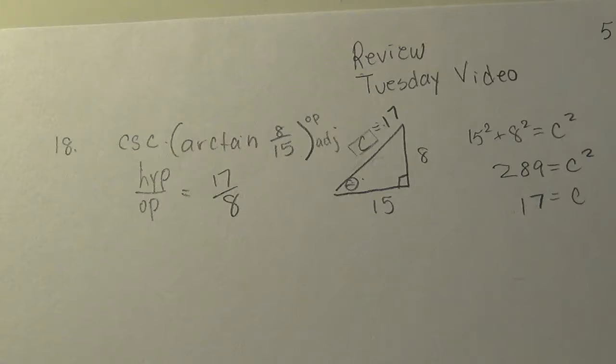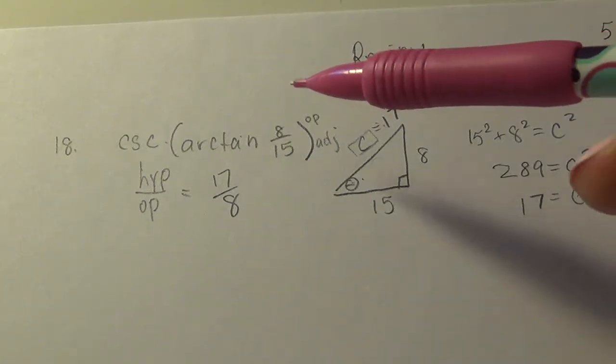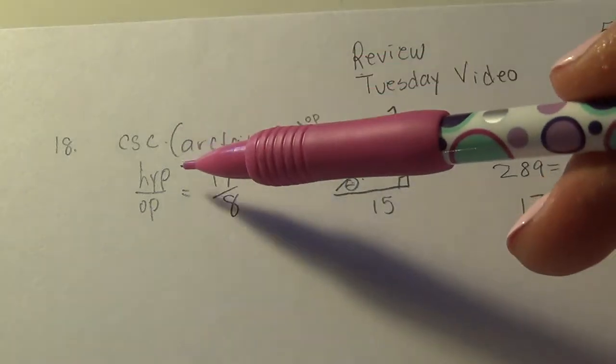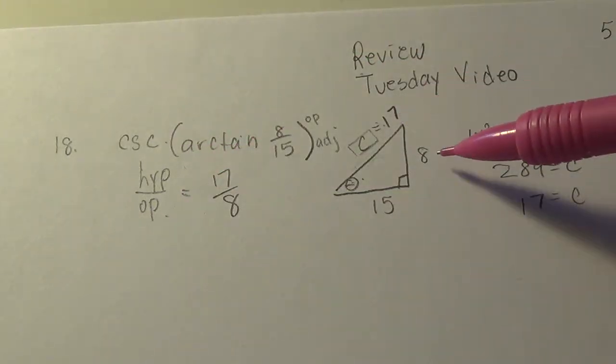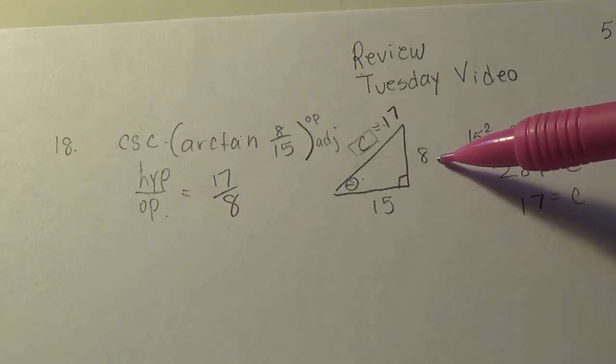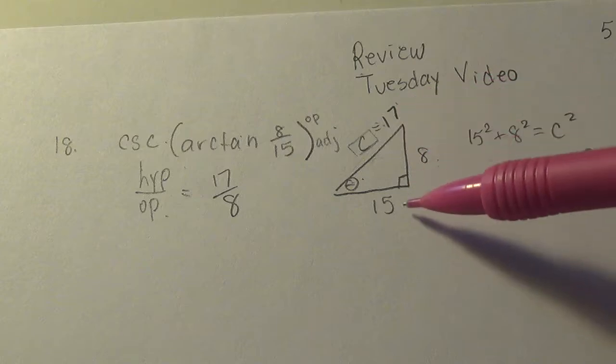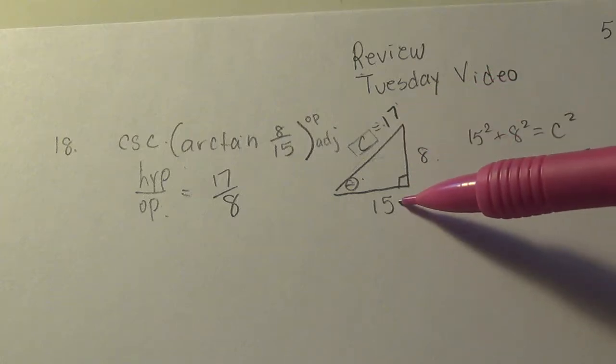Looking at the answer key for this one, that is not one of our options. So let me see. Cosecant is hypotenuse over opposite. The answer they gave was hypotenuse over adjacent, 17/15. But that is the secant.